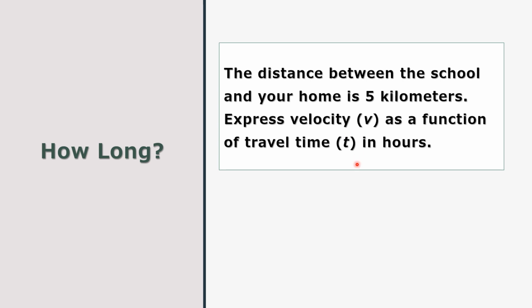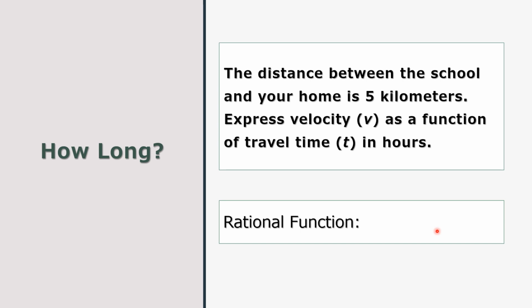To recall, the formula for velocity is distance over time. And as we can see, the distance is equivalent to 5 kilometers. Therefore, our problem can be represented by the rational function v with respect to t is equal to 5 over t.